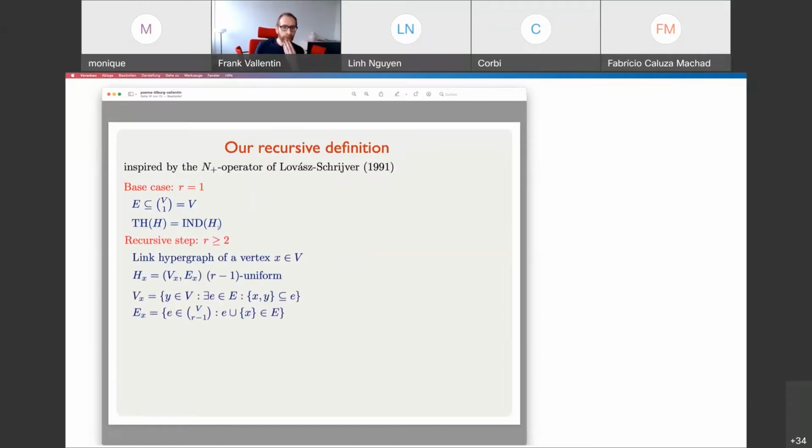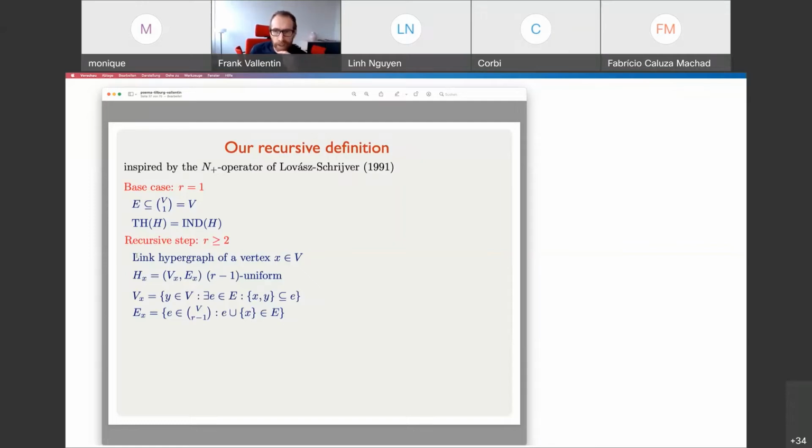So let's look at the recursive step. Now we have r at least 2. For the recursive step, the link hypergraph of a vertex will play an important role.